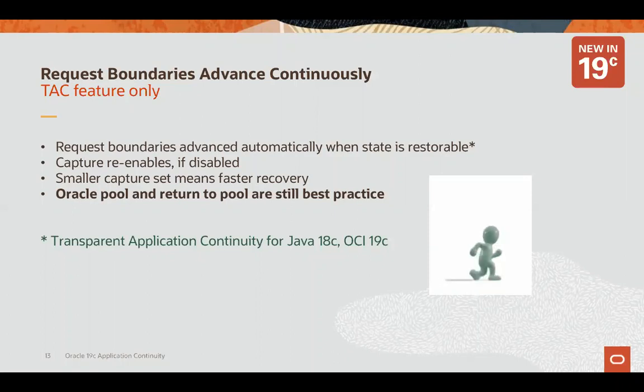So this is totally fine. And this is what we recommend for application developers and application administrators to use with their applications in case they want to use application continuity successfully and mask any kind of outages from their end users and applications on the database side.